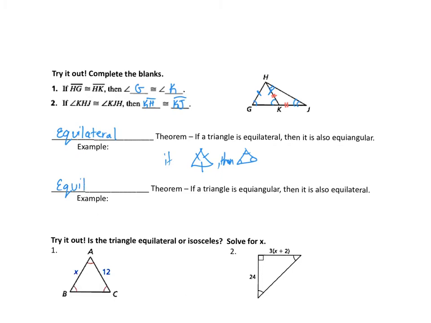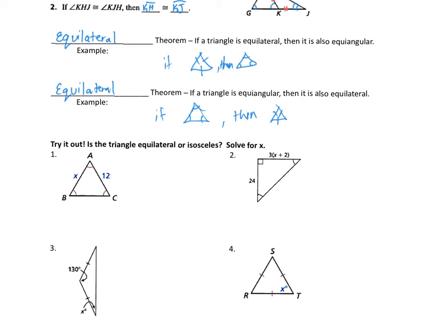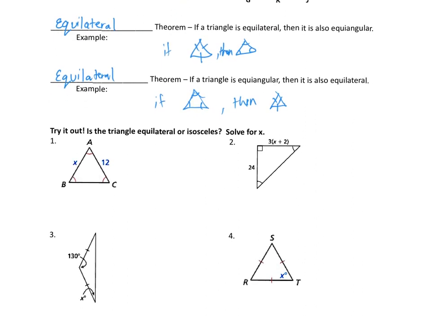The equilateral theorem also says if the triangle is equiangular, meaning all the angles are congruent, then the sides have to be congruent. So one starts with the sides and one starts with the angles, and they come to the same conclusion that they all have to be congruent.